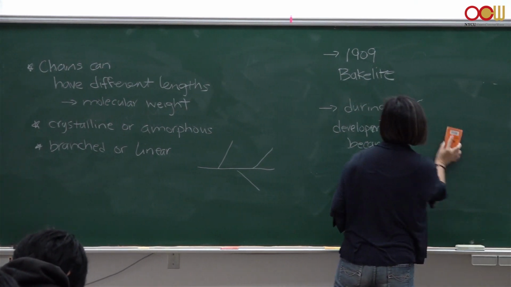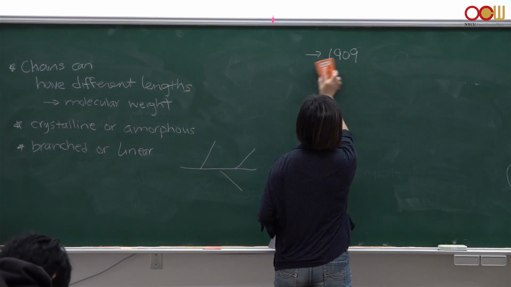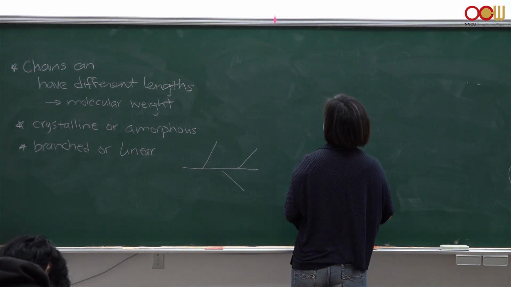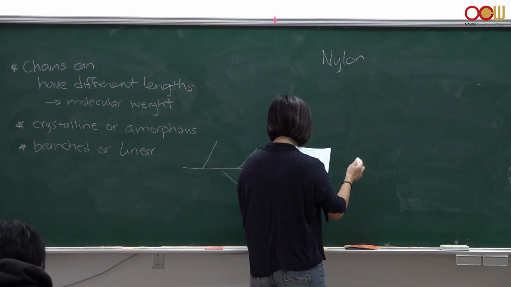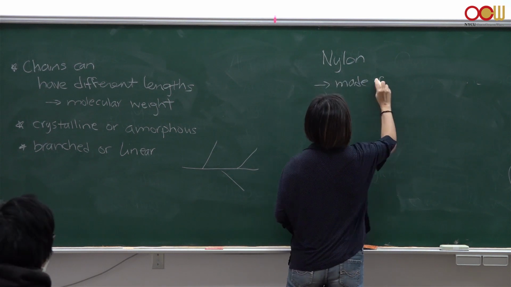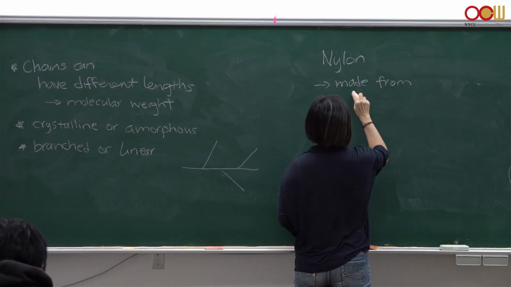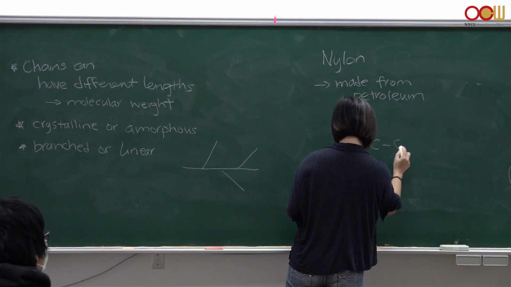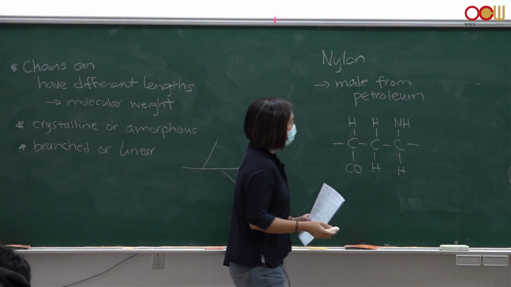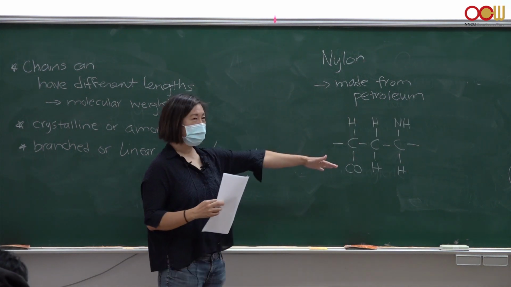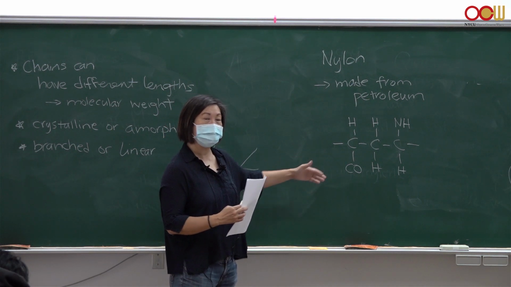Another really common polymer that you probably have heard of is nylon. Nylon, it's made from petroleum byproducts. Nylon is a carbon chain with mostly hydrogen, but some side groups.